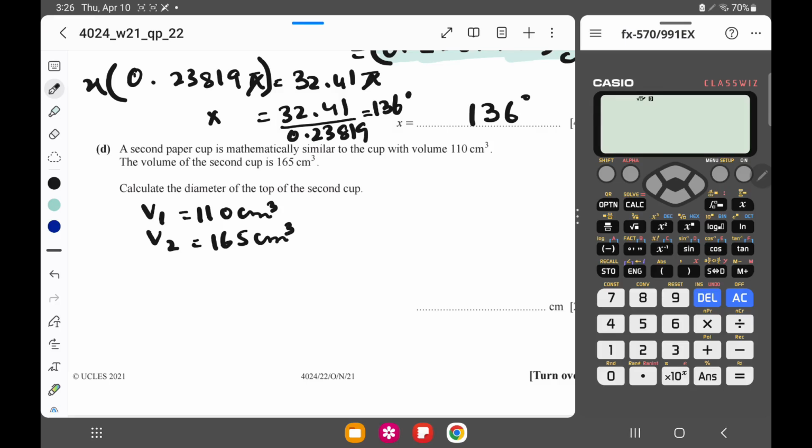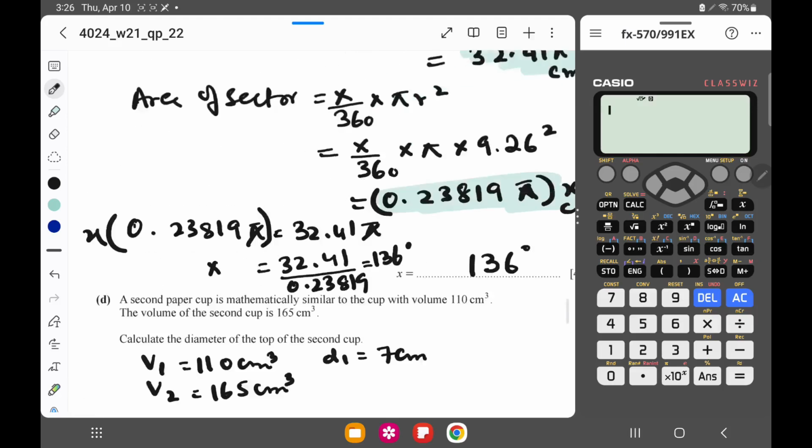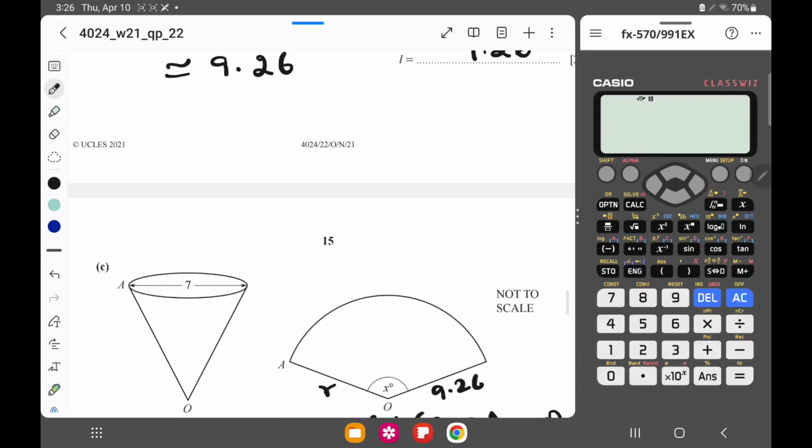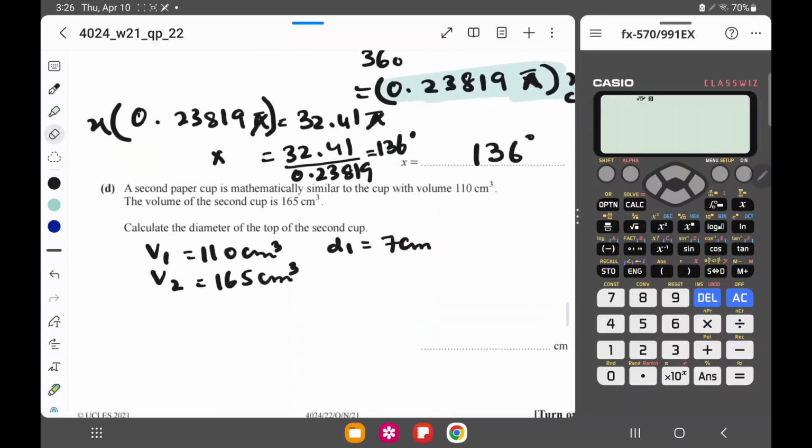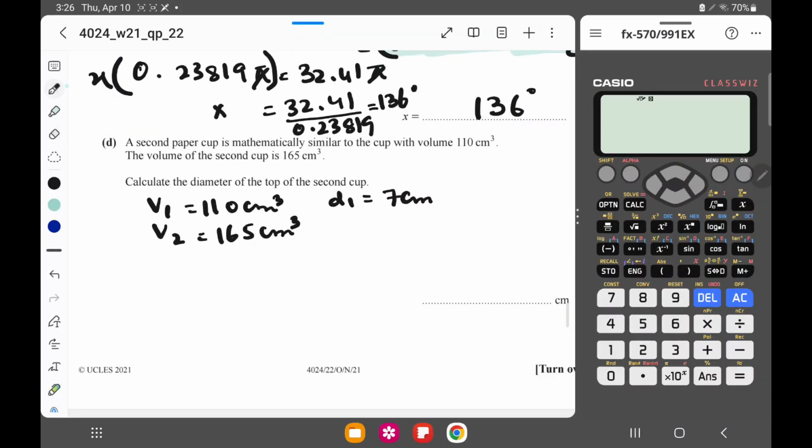The diameter of the top of the second cup is required, and we know the diameter of the first was 7 centimeters. You can check in the question that the diameter is 7. Now D1 and D2 are required.